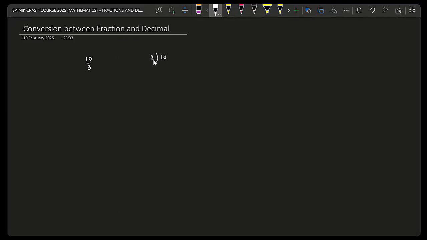I want to divide it by 3. 3 threes are 9. Remainder is 1. Use a decimal point, it will be 0. 3 threes are 9, remainder 1. Because of the decimal, we are getting 0. 3 threes are 9. Remainder is 1. That means there is no end for this. It will continue forever, and so on. That means this digit 3 also will be repeated forever.